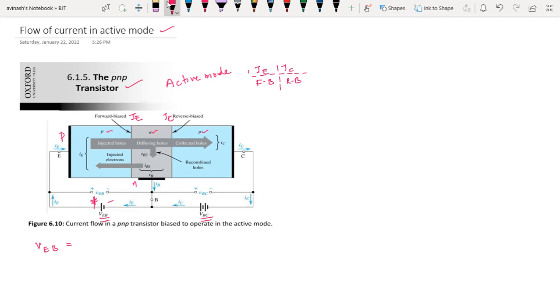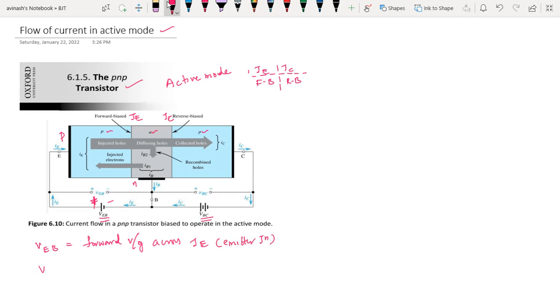VEB is nothing but the forward voltage across JE, and JE is nothing but the emitter junction.